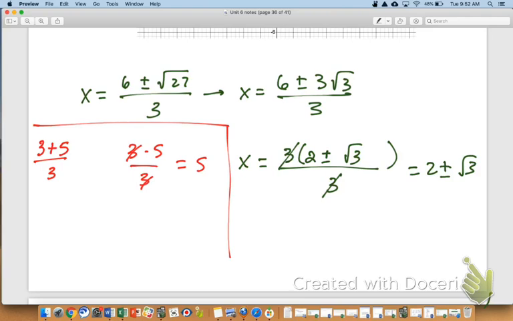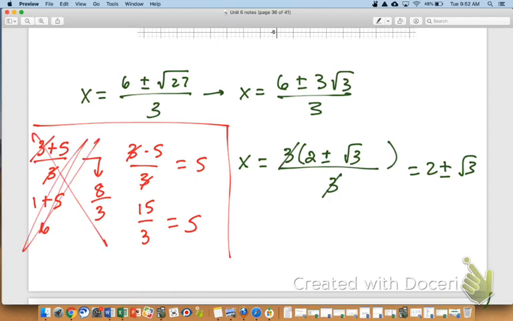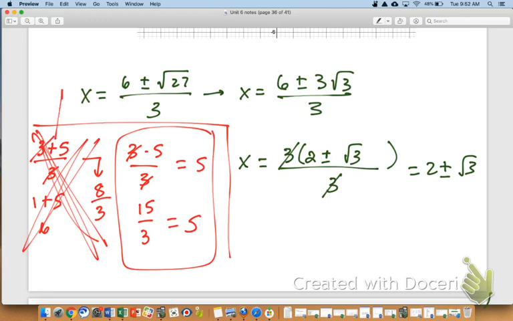And that's true because 3 times 5 is 15. 15 divided by 3 is 5. We can see that no matter how we do it, it's true. Here, if I do this and I get 1 plus 5, I think the answer is 6. But if I do it the correct way, 3 plus 5 is really 8. Is 8 divided by 3 6? So you see over here we get this conflict. Over here we don't. The fact that this was addition or subtraction makes all the difference.